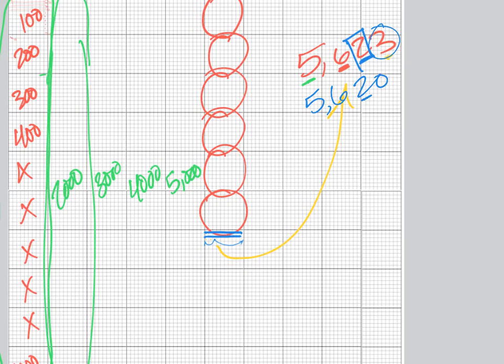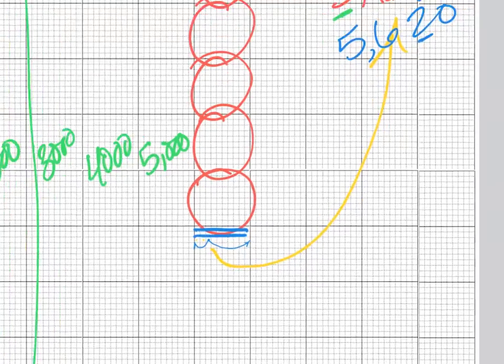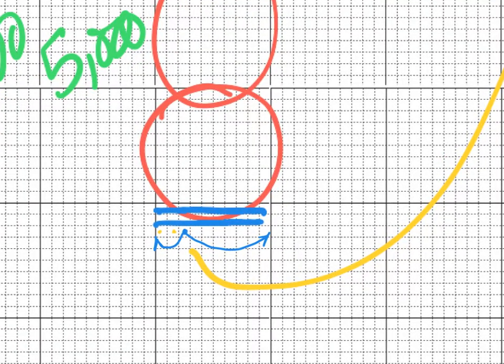I could also use this to round to the nearest 100, which is the number in this place value right here, the 6. And I can tell that this number is in between two hundreds. It's in between this 100, the start of a new group of 100, and in between this last 100.